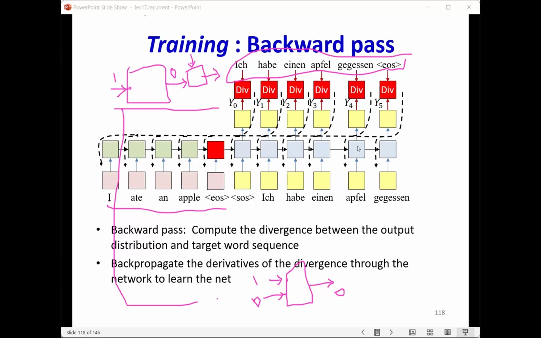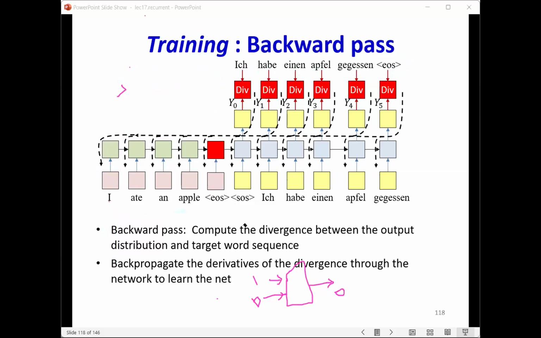Because if I just fed in the input, imagine what the model is like in the initial stages. In the initial stages, the model is going to be crappy, right? And instead of producing anything close to Ishaba and an Apfelgeges, it could just produce a 500-word sequence of gibberish, right? Yes or no?